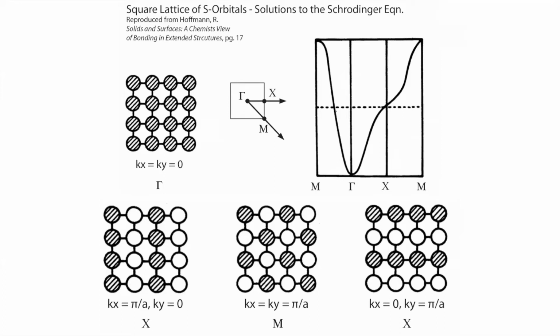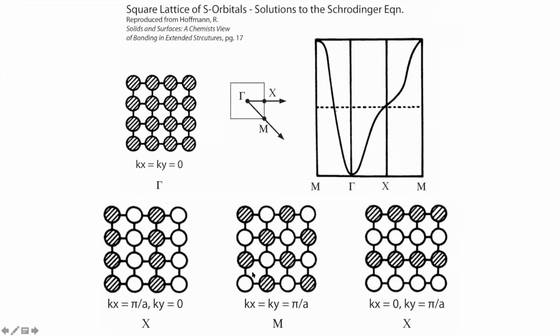When it's 0, it's just plus, plus, plus, plus. So for this wave function with kx equals pi over a and ky equals 0, you can see that the wave function is oscillating in the x direction and it's constant in the y direction. The wavelength in the y direction is infinitely long. The wavelength in the x direction is 2 unit cells.